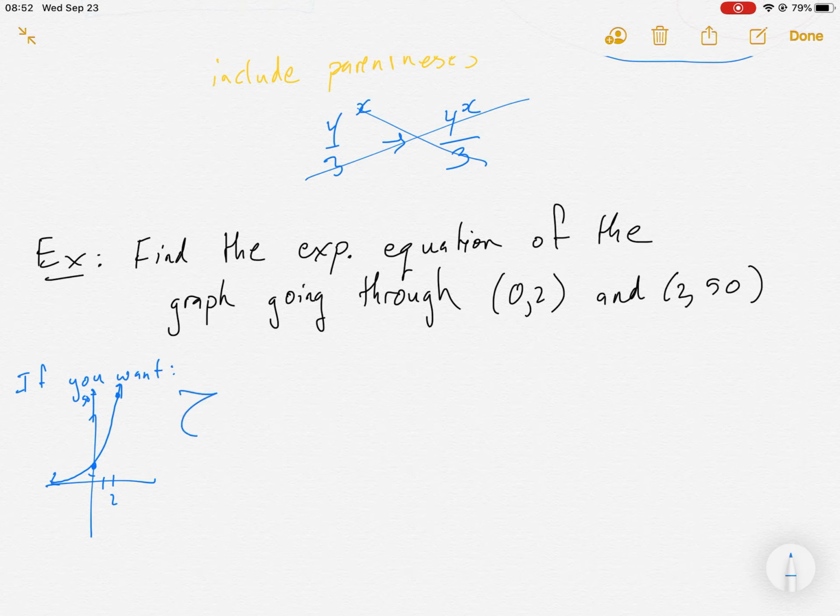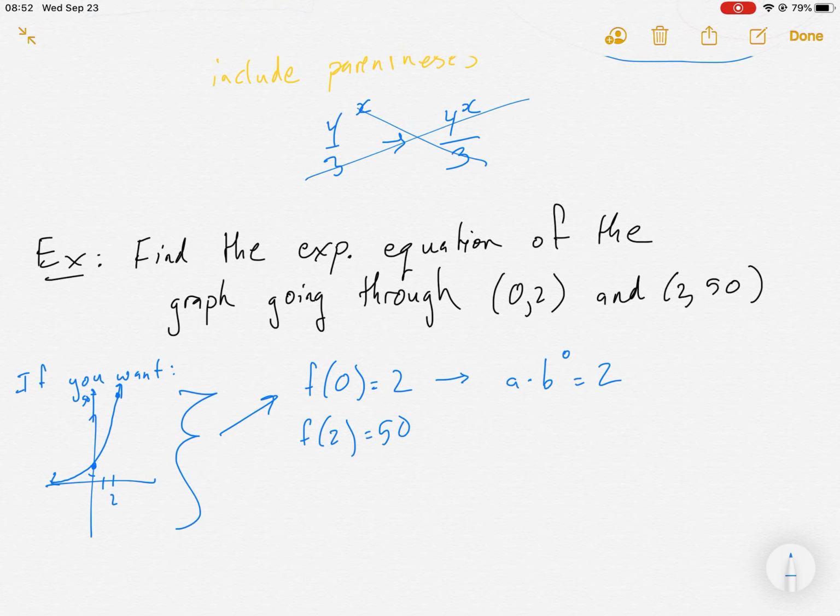So let's use the same strategy we used before. We actually already know a, but I'll go through in detail again. f of 0 is 2. f of 2 is 50. And so what this tells me, the first part, is that a times b to the power of 0 equals 2.